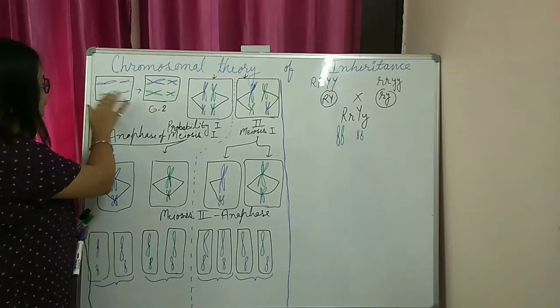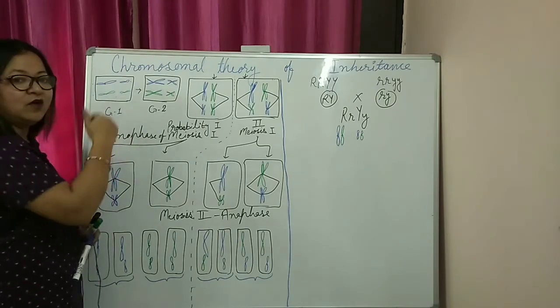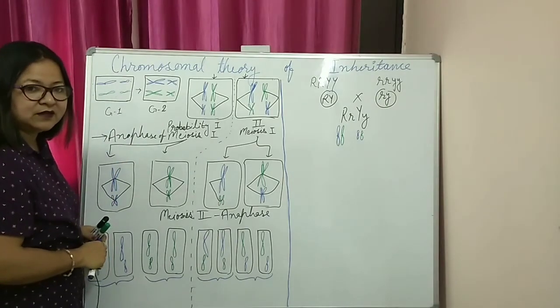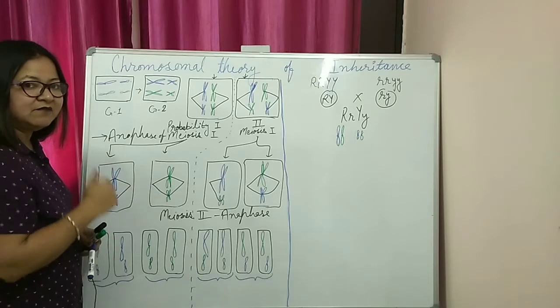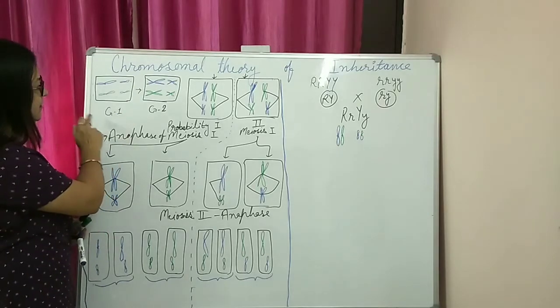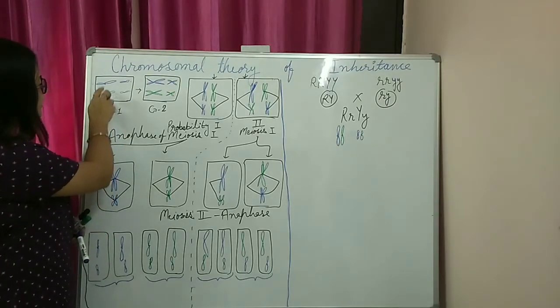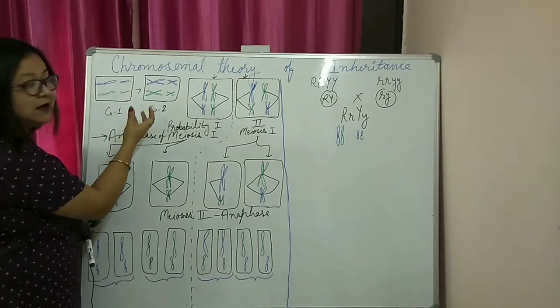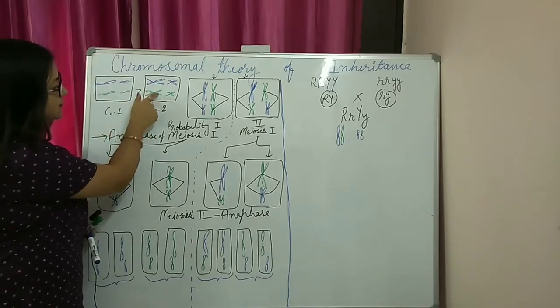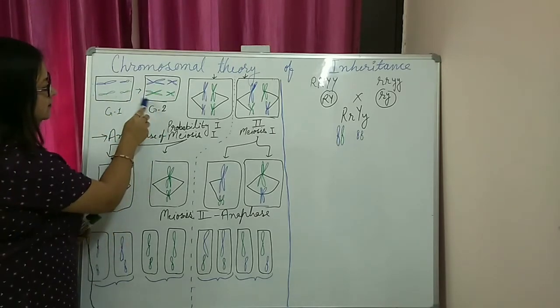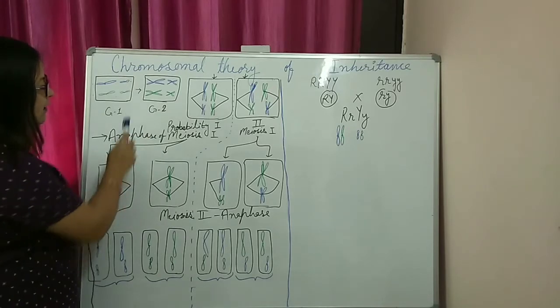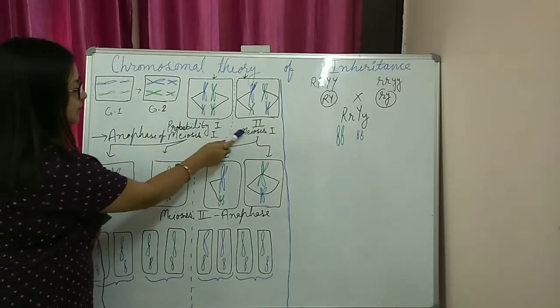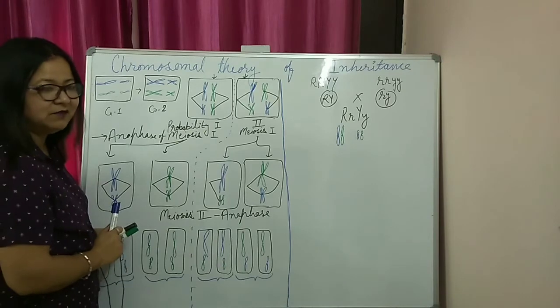For this pair of chromosomes, you can recall your concept of meiosis from your 11th standard. These are the phases of meiosis. Then these chromosomes condense and make sister chromatids, as I have drawn in this diagram, and after that 2 probabilities may take place.